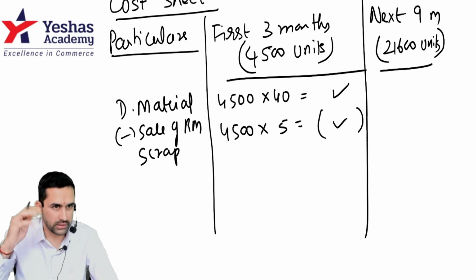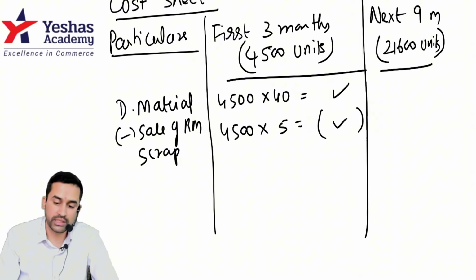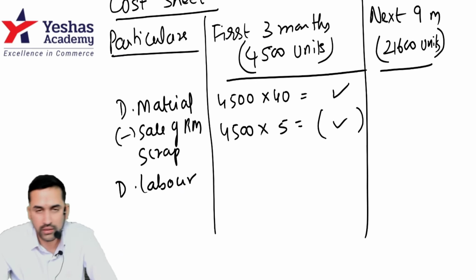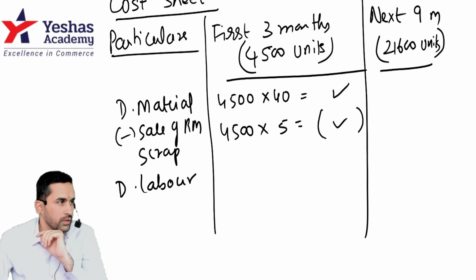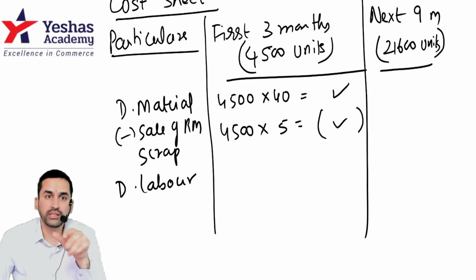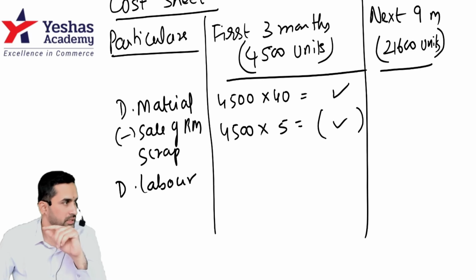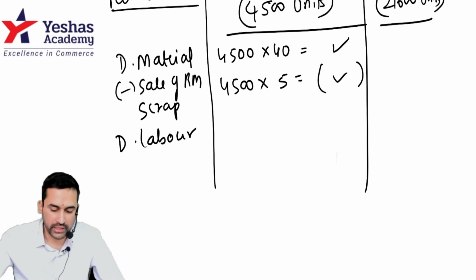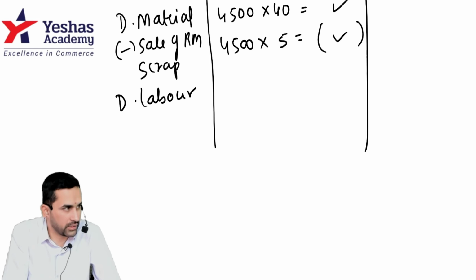Don't worry about filling the boxes. Understand the flow. What is the next thing you need? Direct labor. But if you see the direct labor data, it has a condition. We can't simply do number of units into the rate given. We have to check whether that 48,000 per month condition is satisfied or not. Correct? So when I write it itself, I should write like this. Pay attention.